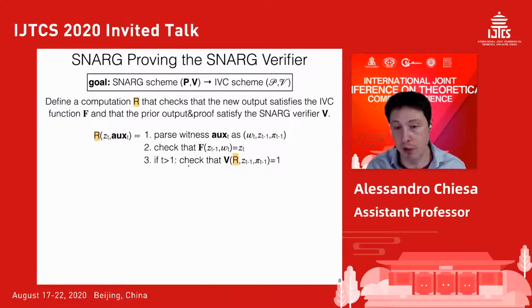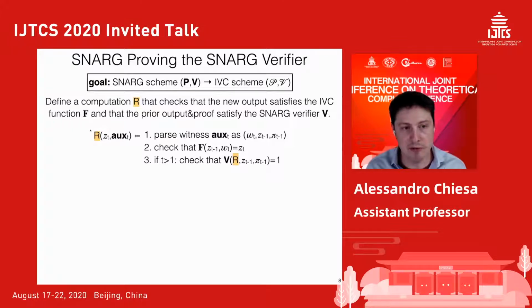And second, if we're not in the base case, it runs the SNARK verifier, notice, on itself. So this is going to look temporarily confusing, but this apparent circularity can be resolved. It runs the SNARK verifier on itself, checking the prior input and the prior proof.